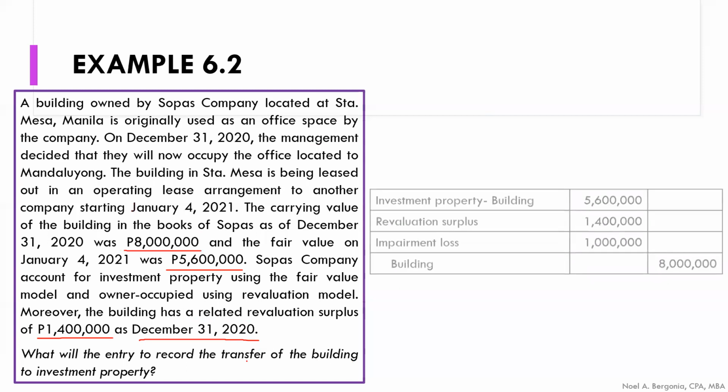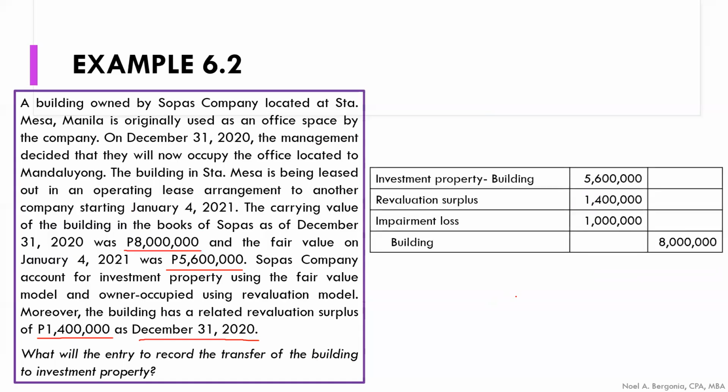So we will be debiting the investment property building at the fair value on January 4, 2021 na 5,600,000. And then, i-reverse muna natin yung revaluation surplus na 1,400,000. Kung mapapansin ninyo, mas mababa by how much? 2,400,000 yung fair value nung investment property kesa dun sa carrying value nung building.